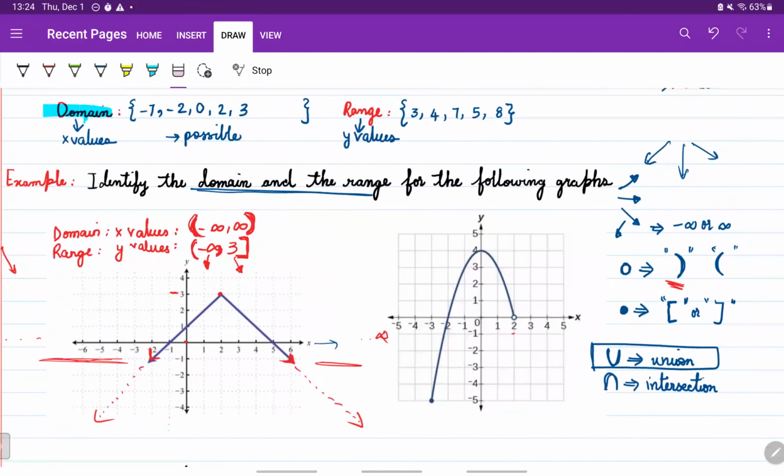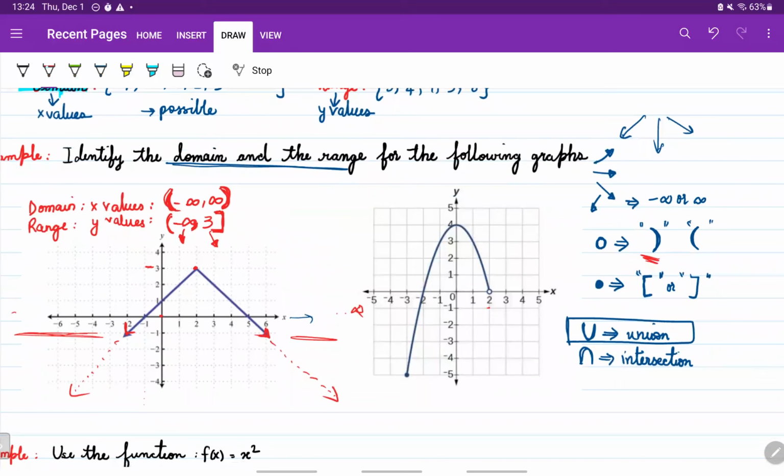Now let us solve the second one here. Let's first do the domain, and then we'll do the range. This domain again is all the x values, and range is all the y values. For the x values, we see that here we have a closed circle, and here we have an open circle.